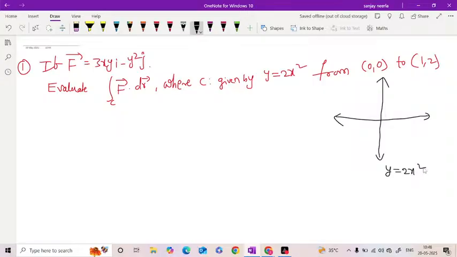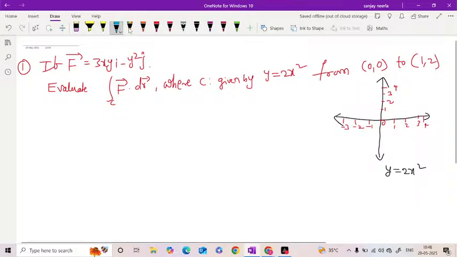So we know that y is equal to 2x square is a parabola, and for the scale I am taking here 0, 1, 2, 3, 4, minus 1, minus 2, minus 3, minus 4. Now substitute the values. What is our function? Y is equal to 2x square.